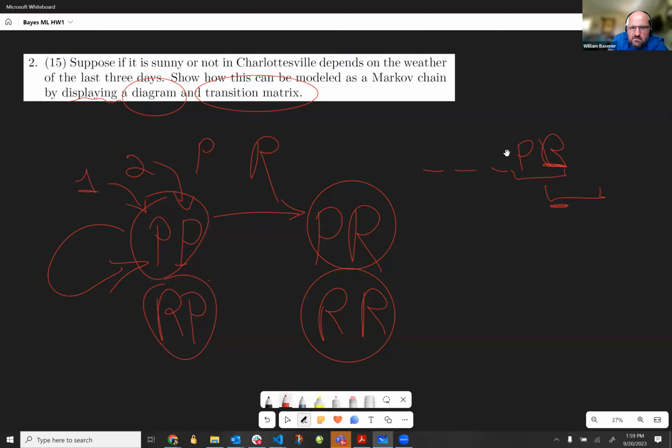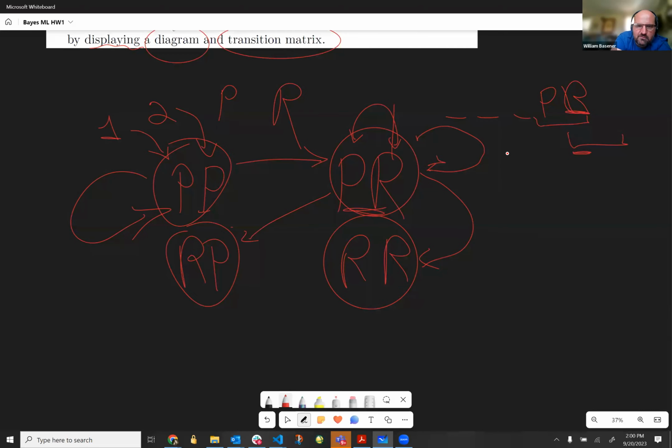If we look at this one here, it's PR. Wait, sorry. If the next play is a run, that would mean we transition down here because we shift, right? Whatever letter is second gets shifted to the left, and then we replace what's in the second slot. So for pass run, if the next play is a run, we go there, and if the next play is a pass, it's going to be RP. So we go there. From the RP state, let's see where we could get from there.